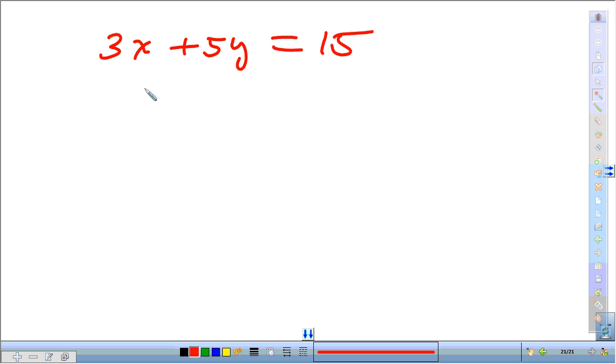So we can also take a relationship like 3x plus 5y equals 15. We could look for the inverse relationship.